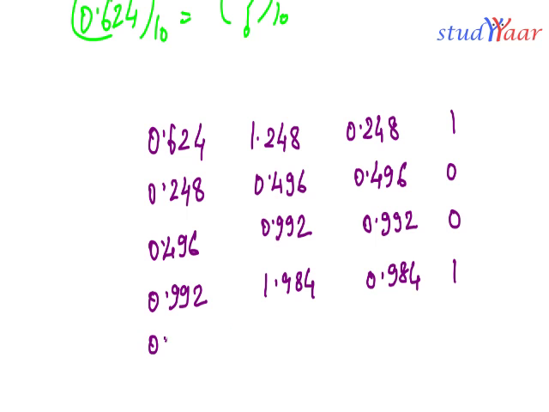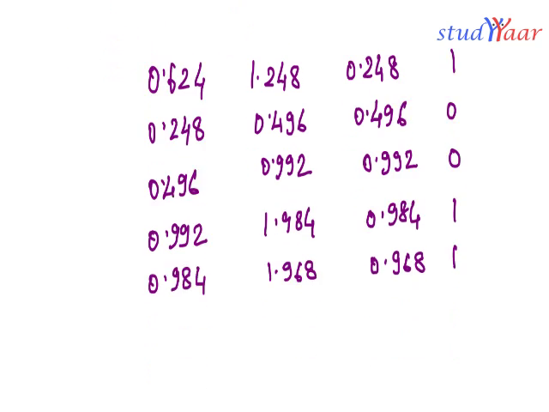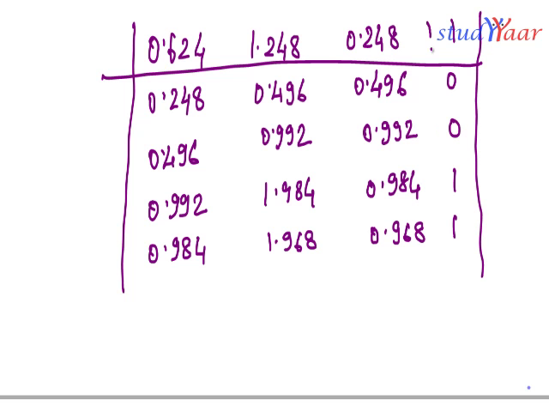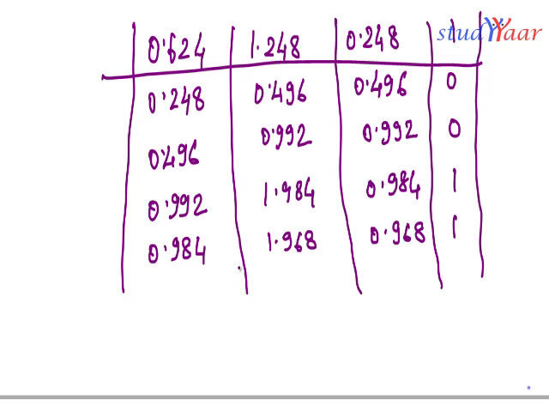I'm going to multiply it again by 2, and what I'm going to get is 1.968. Fractional part is 0.968, integral part is 1. Just realize over here, let me just create a table out of it.